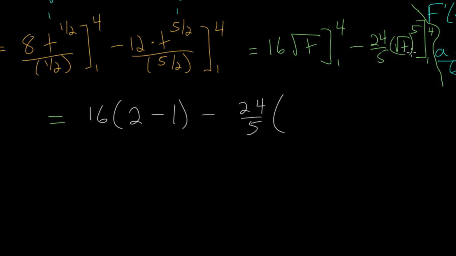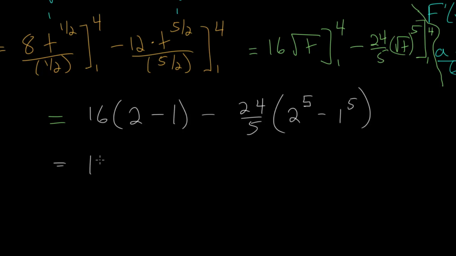We can again put this inside parentheses. We'll evaluate it at the top bound first. We have the square root of 4, which is 2. We're raising that to the 5th power. Then we subtract, when we plug in the lower bound, the square root of 1 is 1. And again, we'll raise that to the 5th power. And we can simplify. 2 minus 1, that's 1.